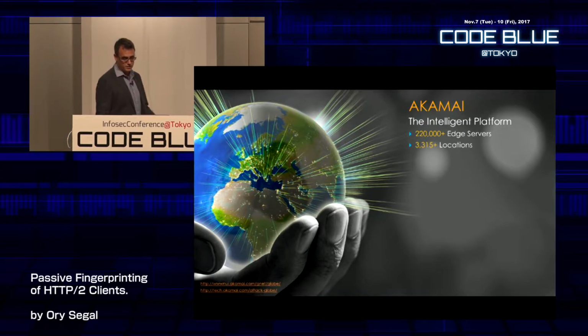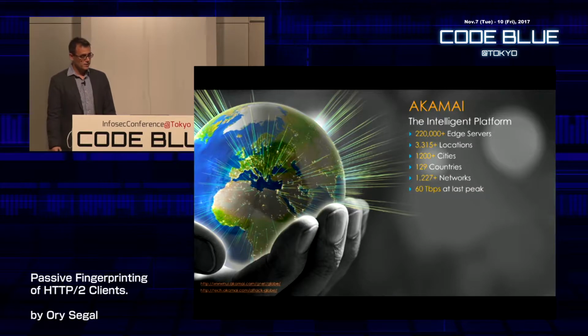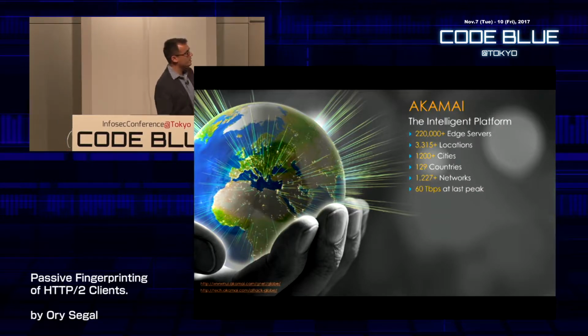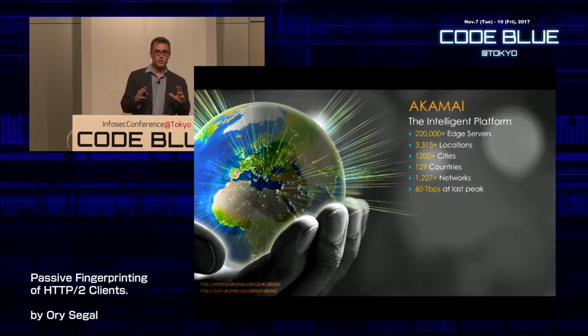We're located in 3,300 different locations around the globe, over 1,200 cities in 129 countries. Our latest peak traffic reached 60 terabits per second, just to give you a sense of the proportions of the traffic we're talking about here.